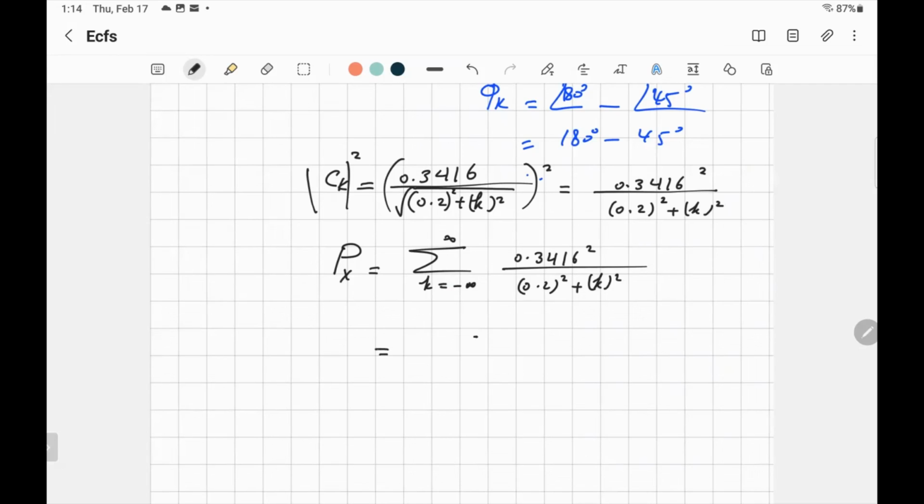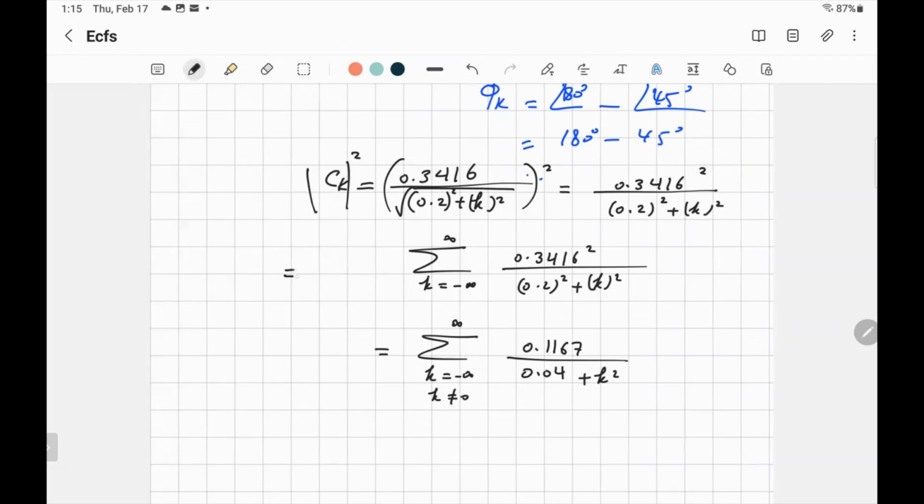When I did that, 0.3416 squared would be 0.1167, and this one will be 0.04 plus k squared, from k negative infinity to infinity. And I did the same thing: I said I'm going to take the zero term out.